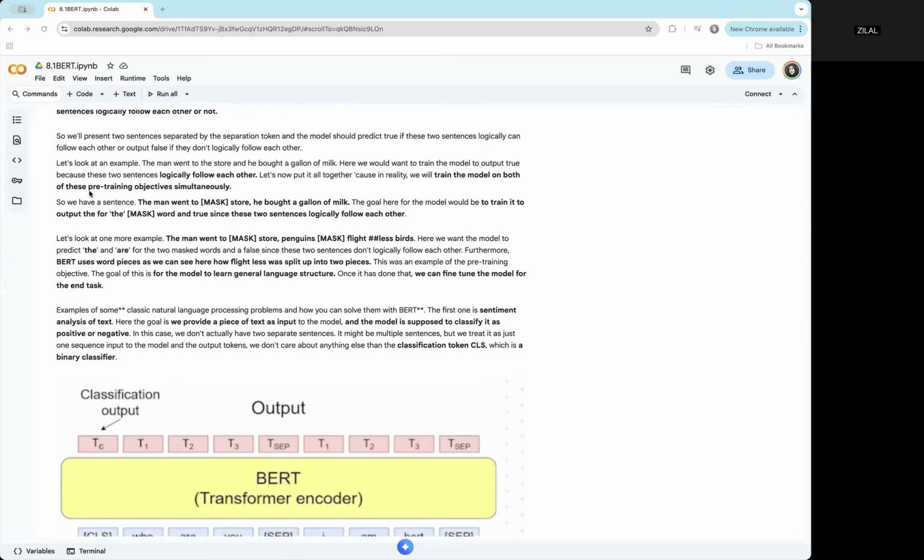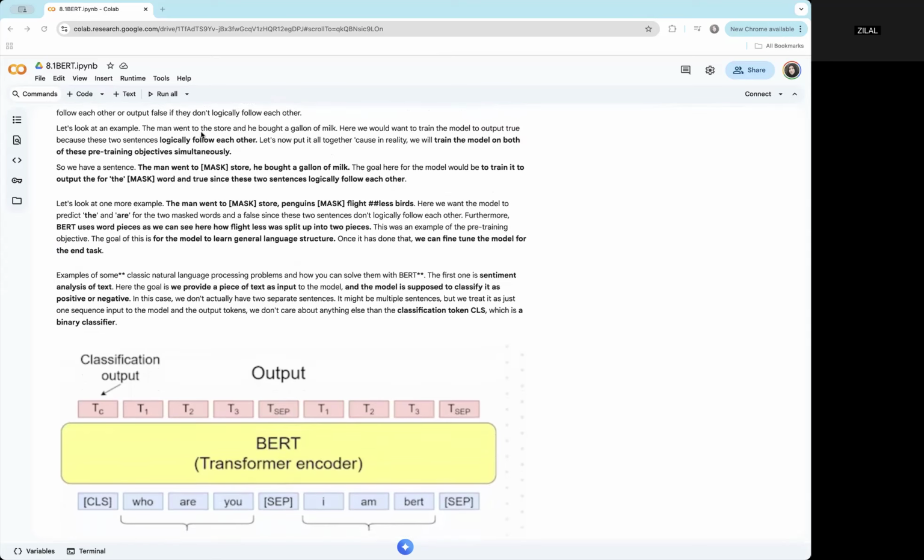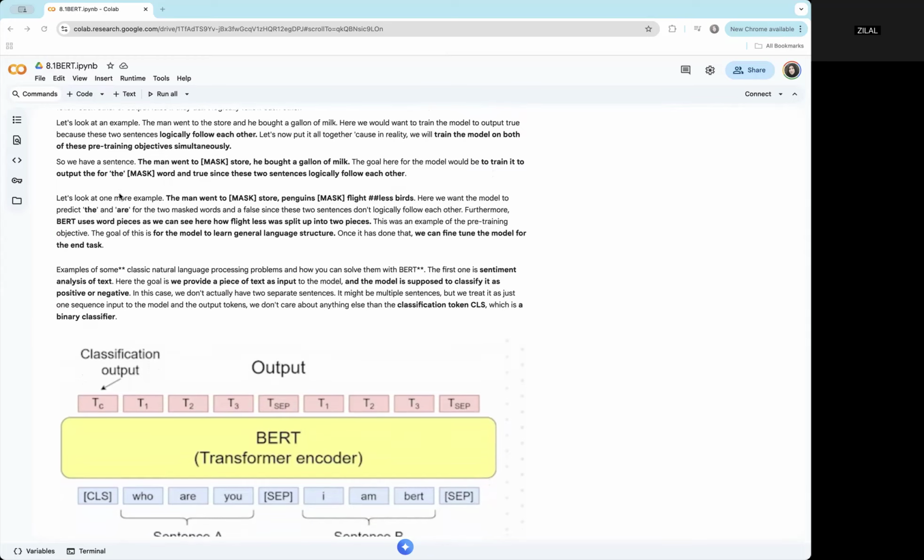Let's look at an example. The man went to the store and he bought a gallon of milk. Here we would want to train the model to output true because these two sentences logically follow each other.